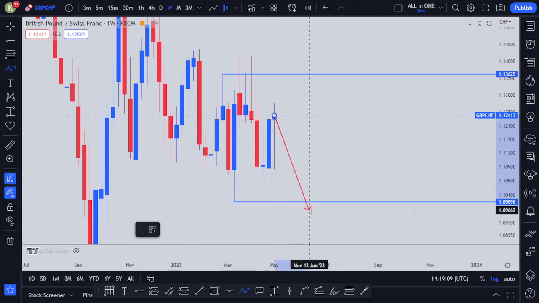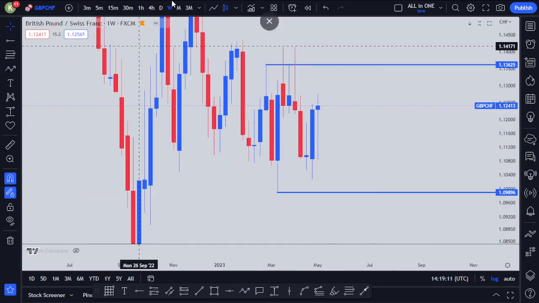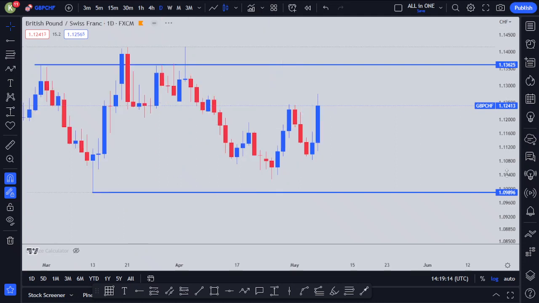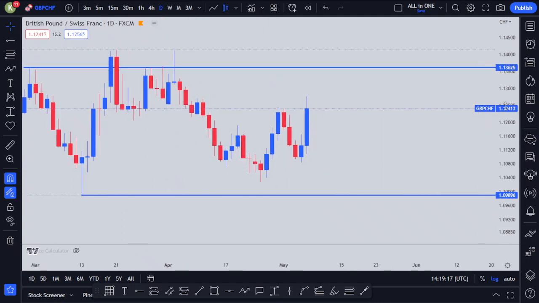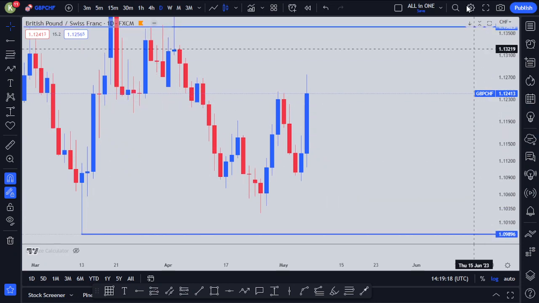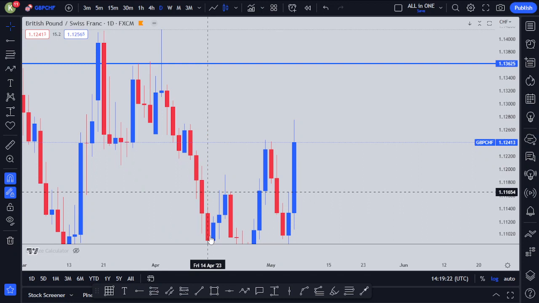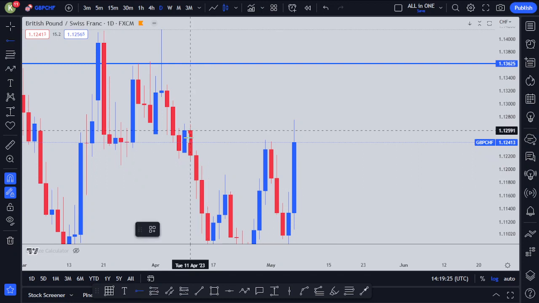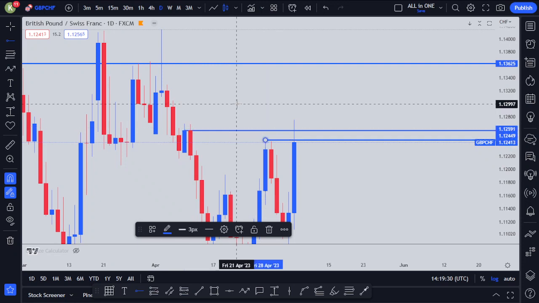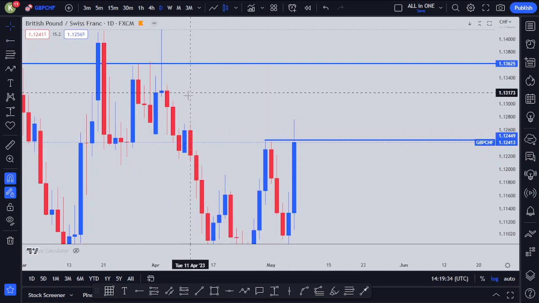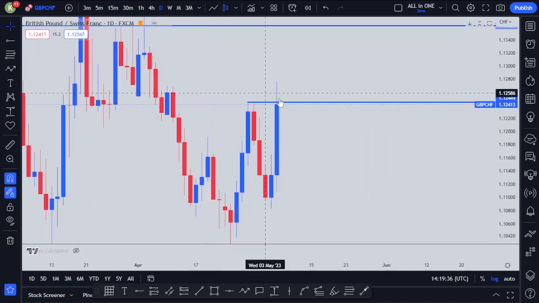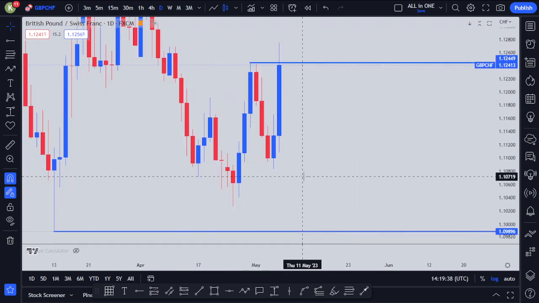So when you go to daily time frame too, I think we have another phase structure break over there, and another phase structure break over here.